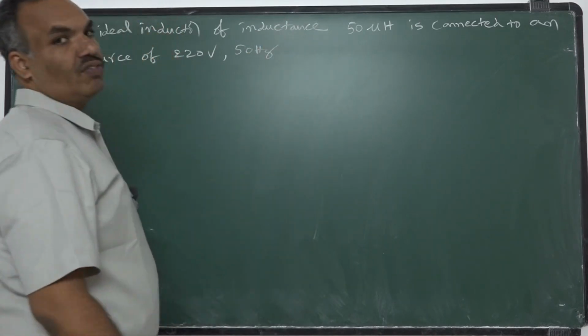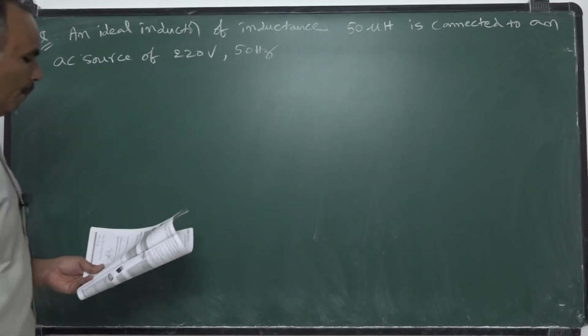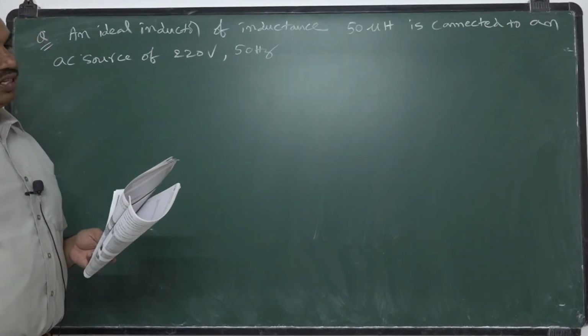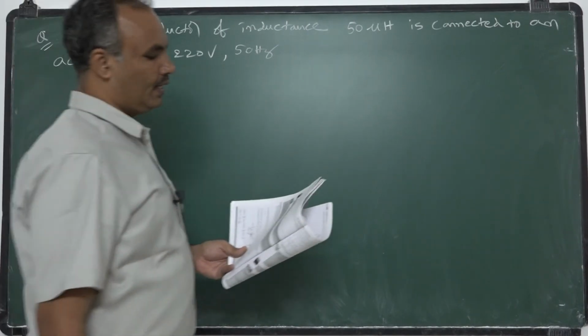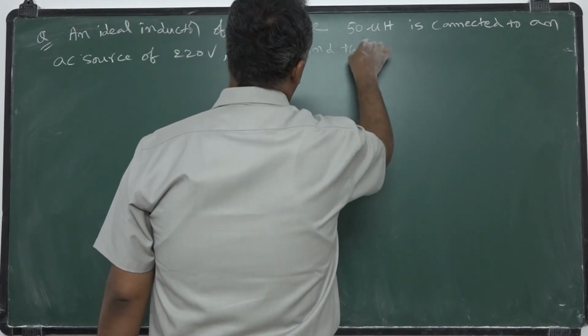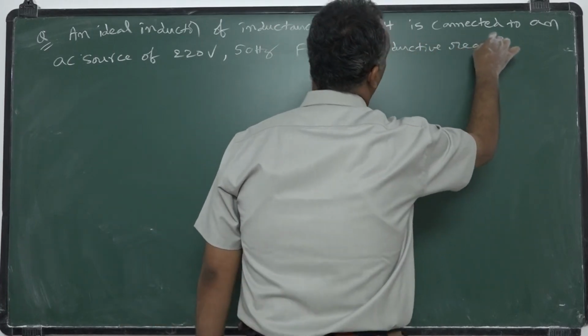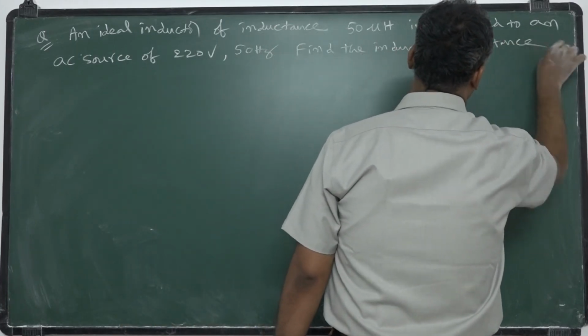Usually the natural frequency of current we use for household purposes is 50 Hz only. Find the inductive reactance.